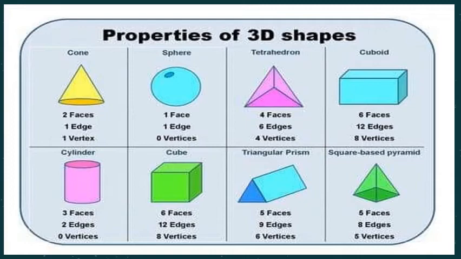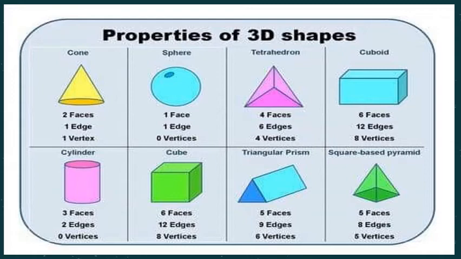Okay, then we've got the cuboid. It has six faces, 12 edges, and 8 vertices. A cylinder has three faces, two edges, but 0 vertices.